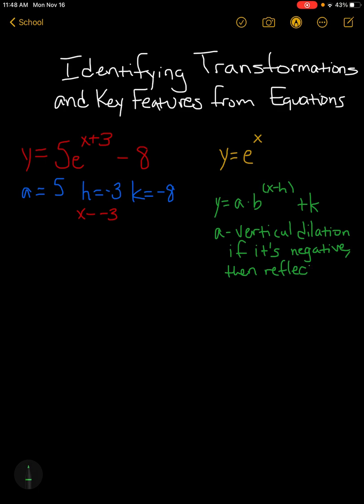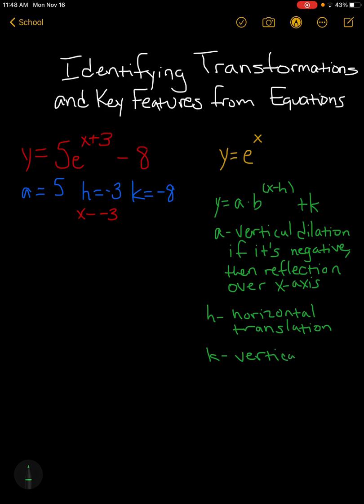And it's reflected over the x-axis. So that's the role of a. The role of h is going to be a horizontal, so left and right, translation. Translation just meaning shifting left and right, sliding. k is going to be a vertical translation.